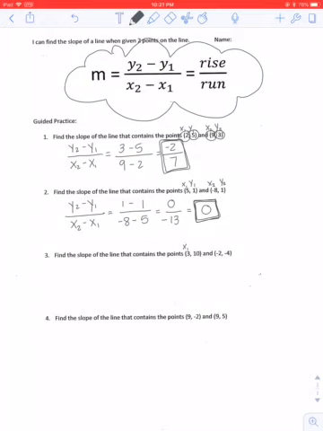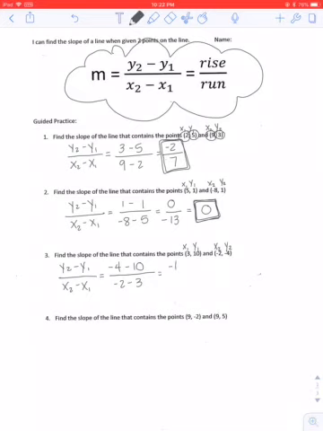So 3 is x1, 10 is y1, negative 2 is x2, negative 4 is y2. I use y2 minus y1 over x2 minus x1, and then I'm going to plug in those values. So I get negative 4 minus 10 over negative 2 minus 3.